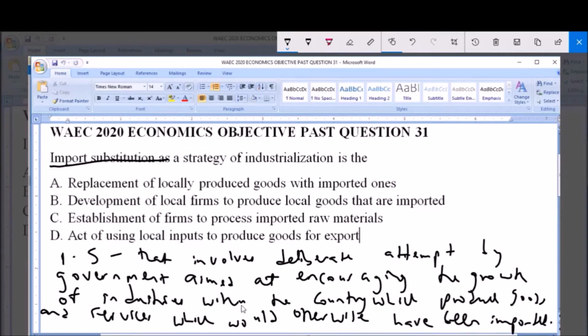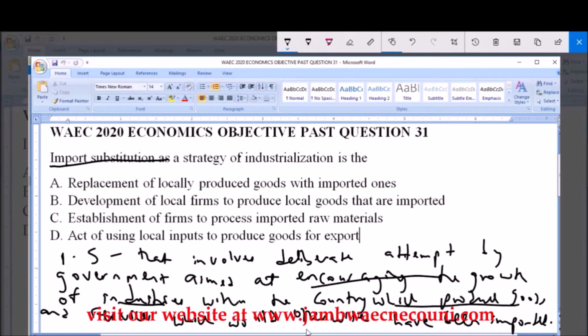So the strategy involves encouraging the growth of industries which produce goods that would otherwise have been imported, as a substitute for importation generally.